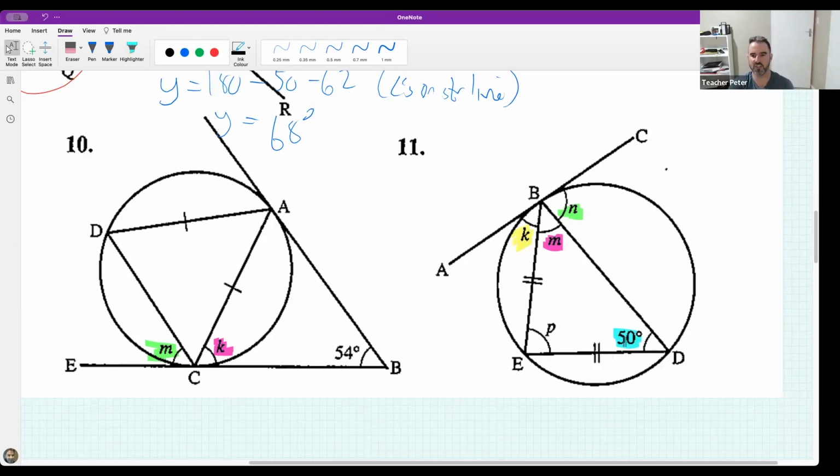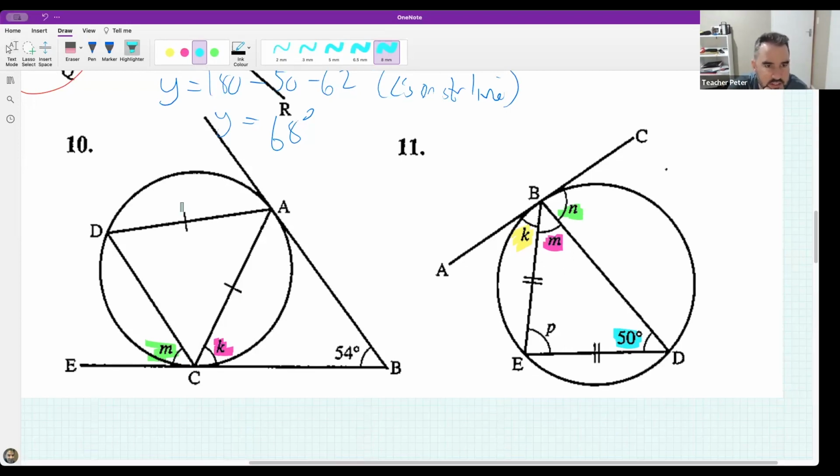So put your answers in the chat so I know what you're getting, like M equals or K equals, just so I know at what pace to explain. Right, let's have a look.